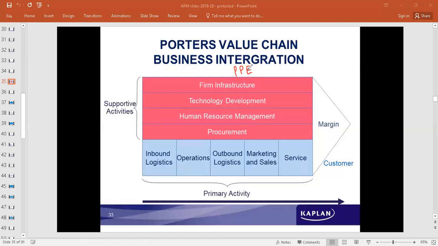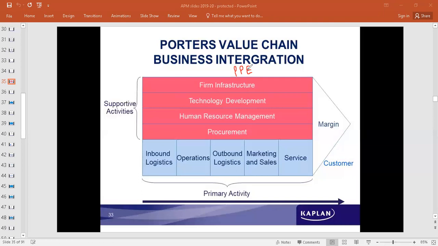The time period required from the time an order is placed until it is received is called lead time. You must have learned about lead time in inventory management. So there is an activity involved in acquiring the material, and that's procurement. Once the material is procured, then the inbound logistics and the other activities are carried on.